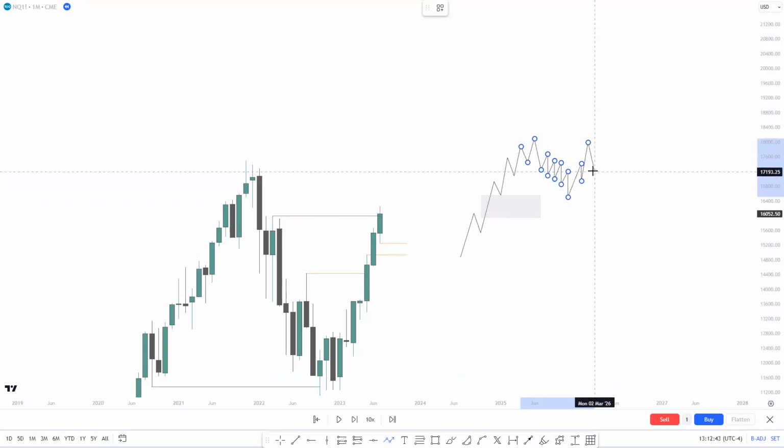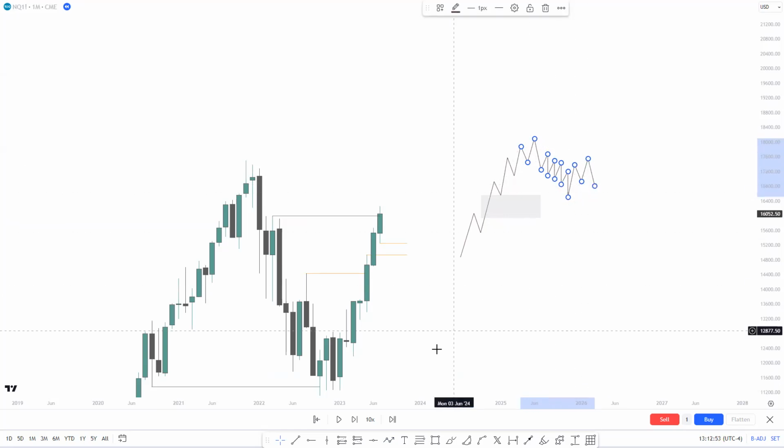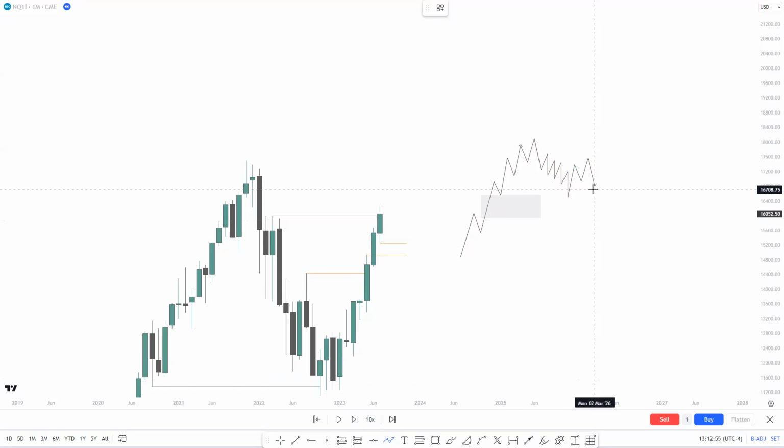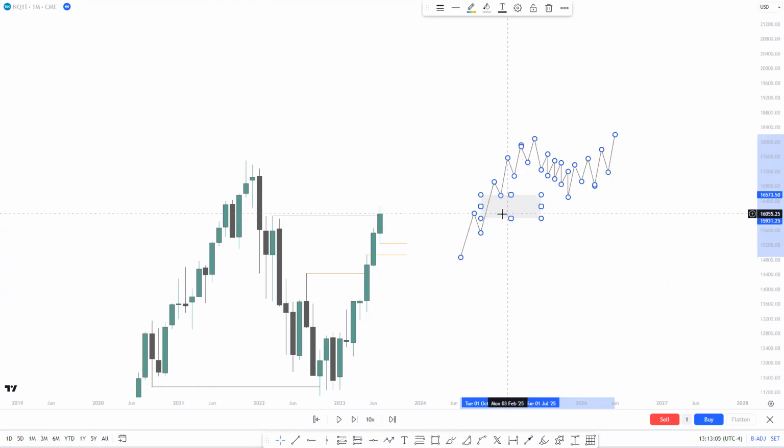Or for the high probable setup, you can wait for the formation of an intermediate term low of the market structure shift. This is more high probable than just anticipating things based on market structure shifts. So that's how you understand the direction of the market in a retracement in IRL.